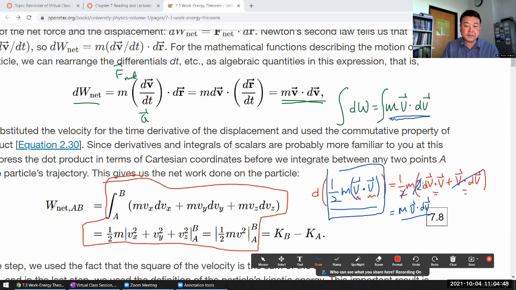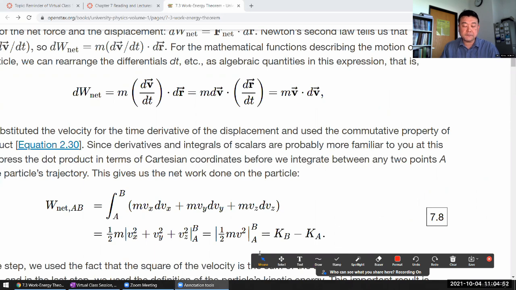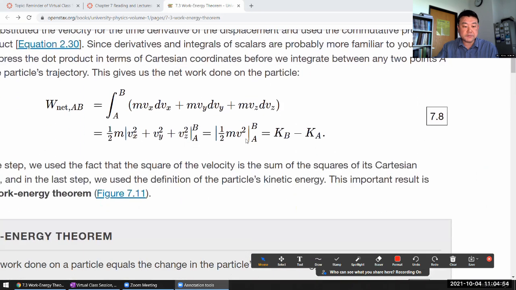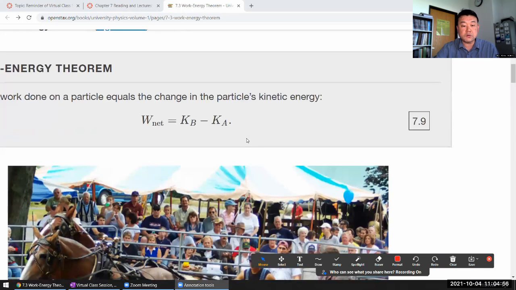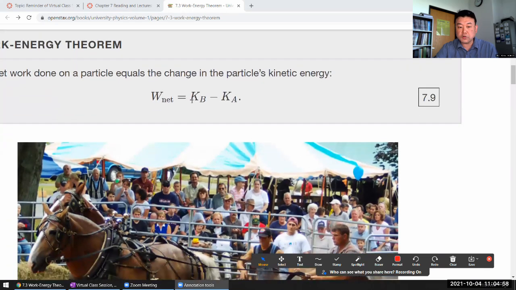Really, the thing that's important for us is the end result, the thing that's being proven: that you can draw an equivalence between the net work done, as in work being done by all the forces together, and the difference in the kinetic energy.